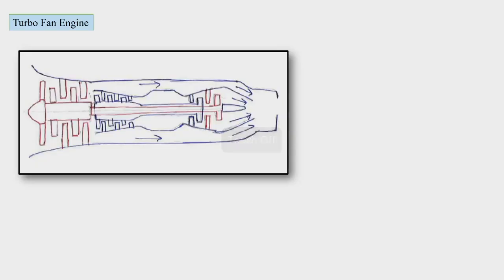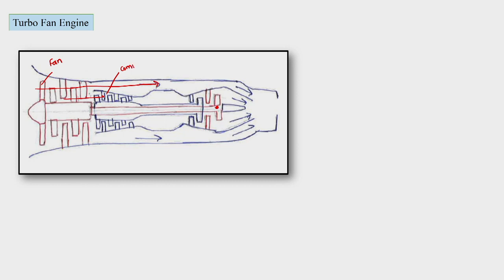So next is turbofan engine, and in the turbofan engine we have fan which is connected with the low speed turbine. This is fan, and then there will be some air which is going from the fan and getting compressed further, and it is following a route which is called cold path, and that is generating a thrust which is called cold thrust, but some air will go from the fan into the compressor.